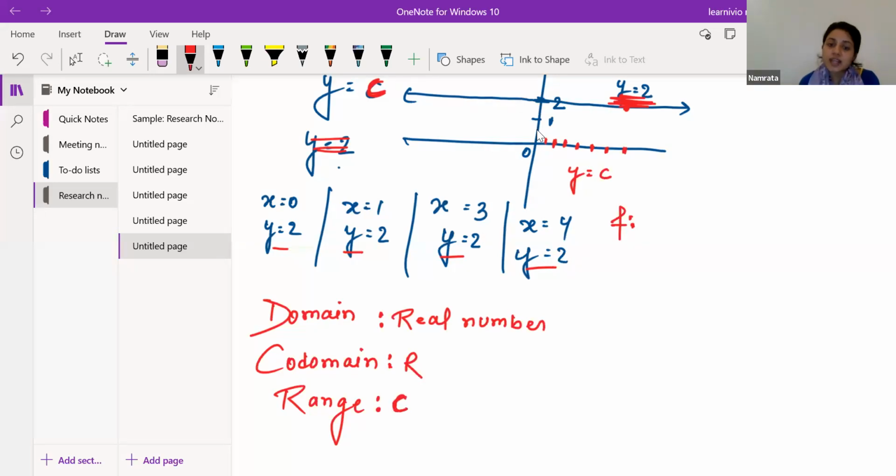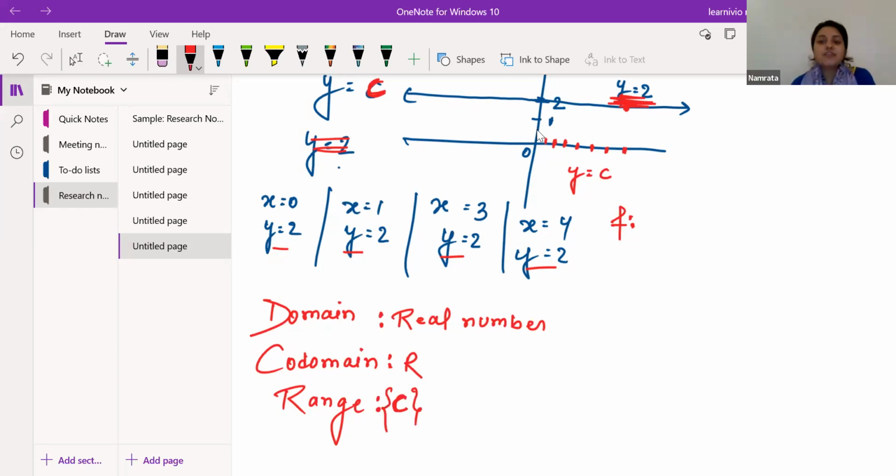C can be 2, c can be 3, any constant number. Are you getting it? Yes, ma'am. So the range will be c.